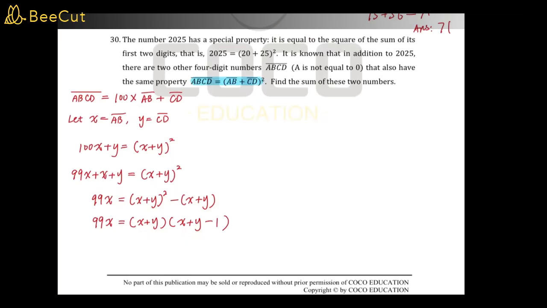So now we know that (X plus Y) times (X plus Y minus 1), which are two consecutive numbers, the product is a multiple of 99.